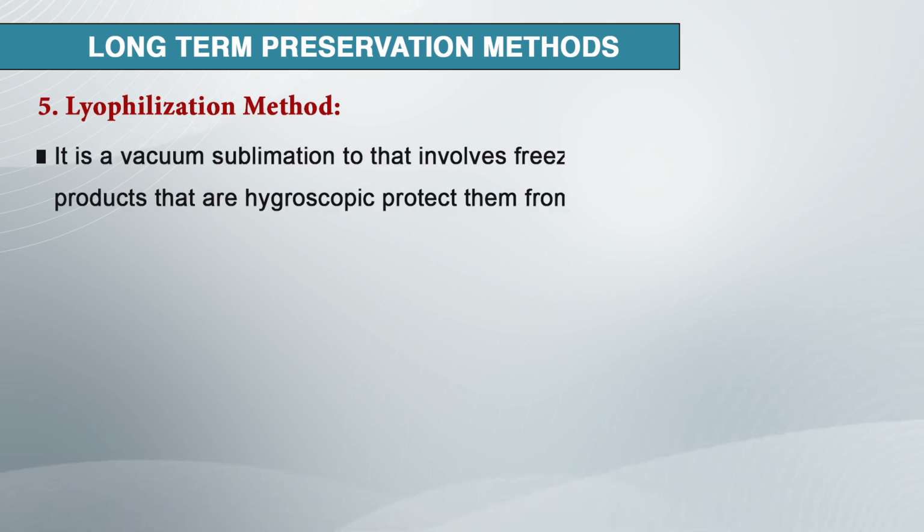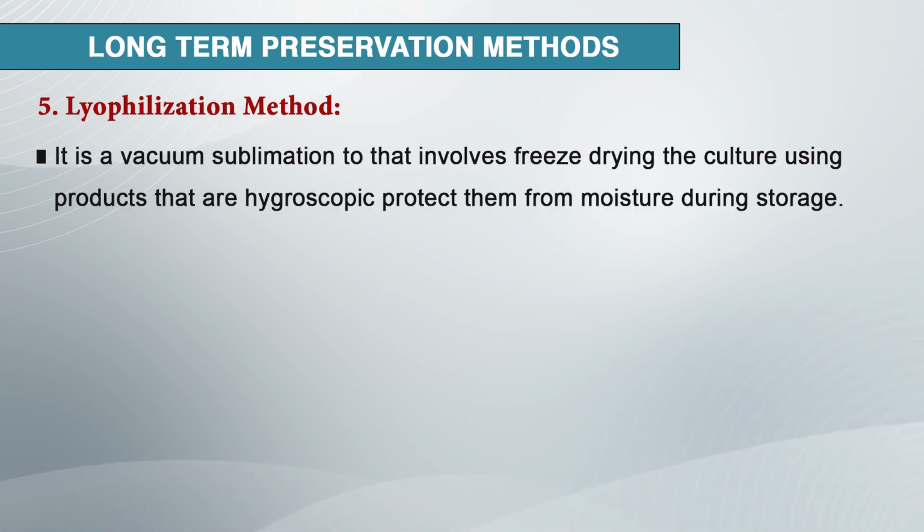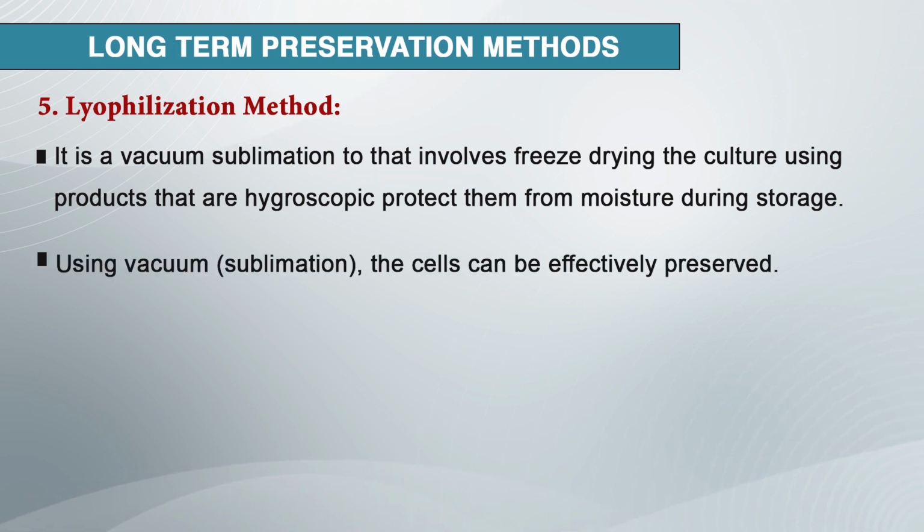Lyophilization method. It is a vacuum sublimation that involves freeze drying. The culture uses products that are hygroscopic to protect them from moisture during storage. Using vacuum sublimation, the cells can be effectively preserved.